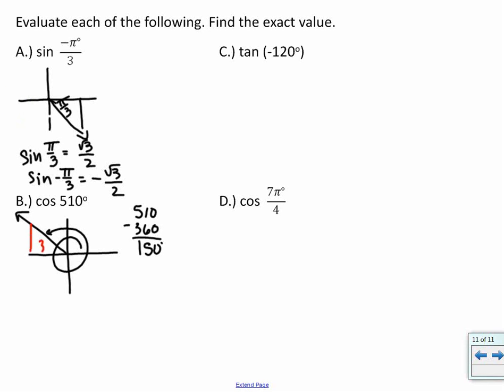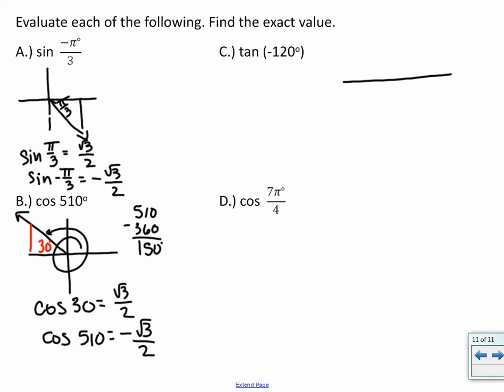My reference angle is going to be 30. So I really want the cosine of 30 because that's the cosine of my reference angle. The cosine of 30 is radical 3 over 2, but since it's in the second quadrant, only sine is positive in the second quadrant, which means that my cosine value for 510 is going to be negative radical 3 over 2.